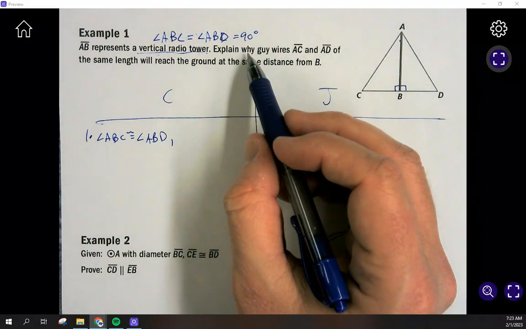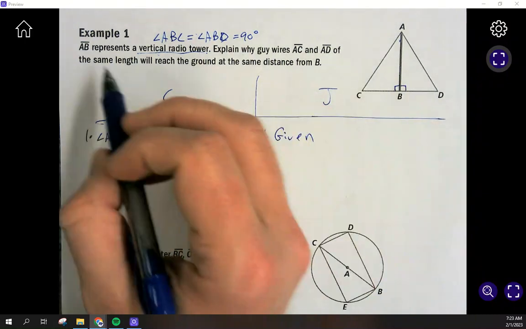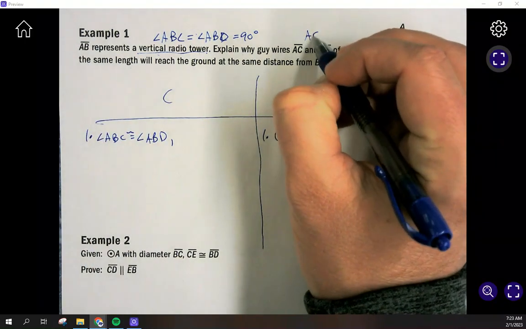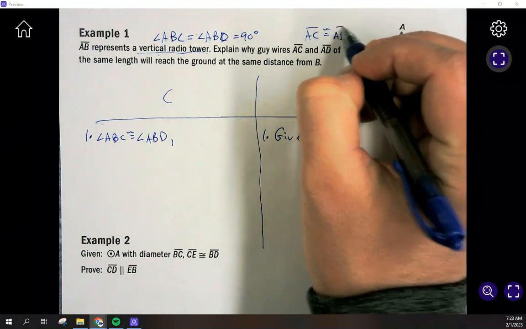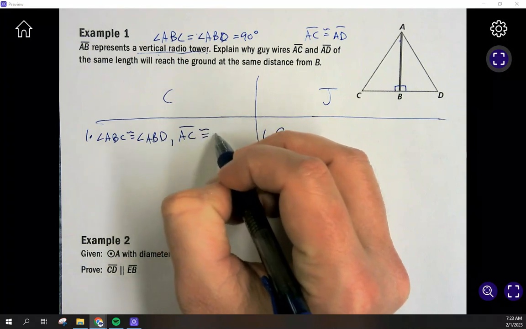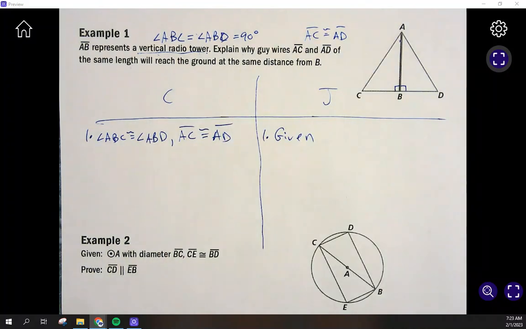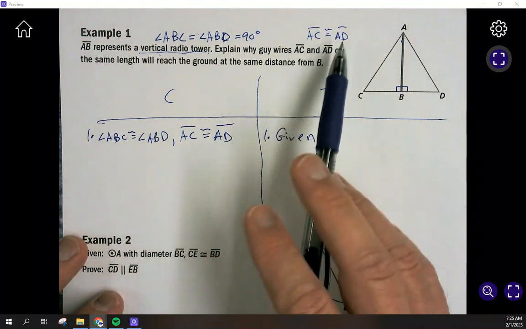They want you to explain why these guy wires AC and AD are of the same length. So they're telling you AC is congruent to AD. So I can put that here in my given. So through that sentence, we've got all of this given to us.